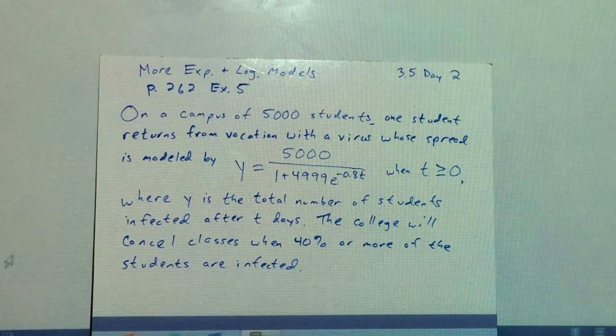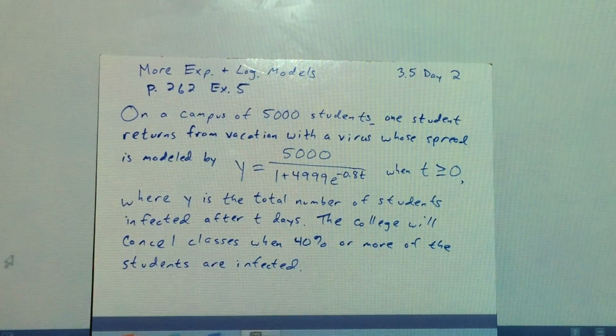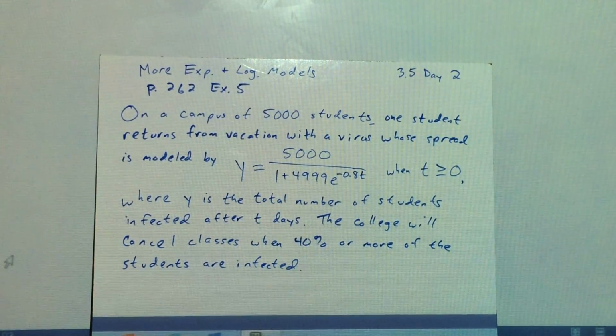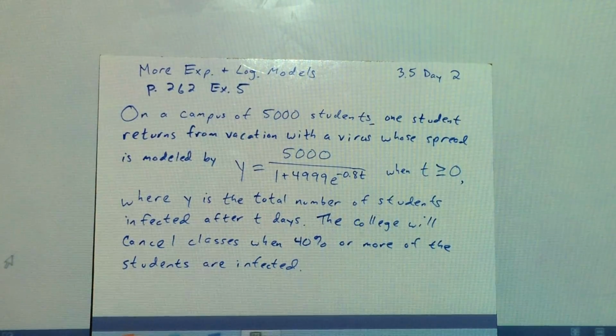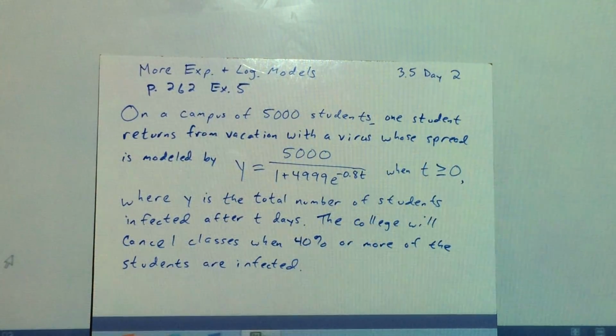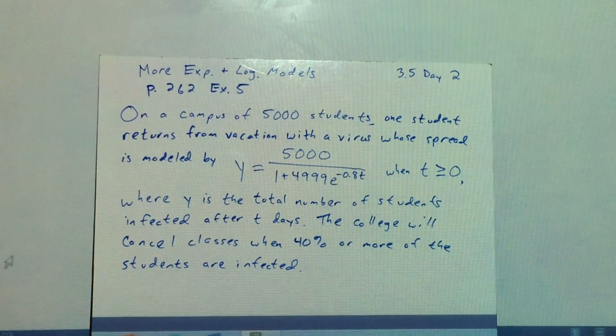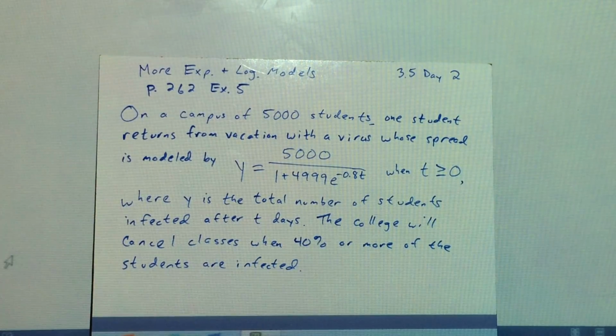We've got that e to the negative 0.8t down in the denominator. It says y is the total number of students infected after t days. It says the college will cancel classes when 40% or more of the students are infected.